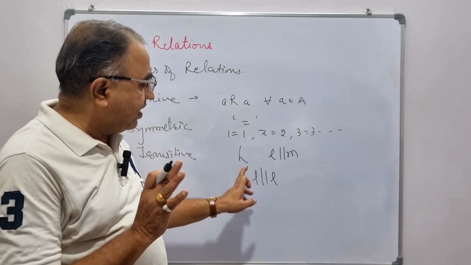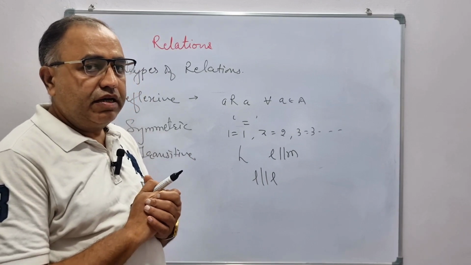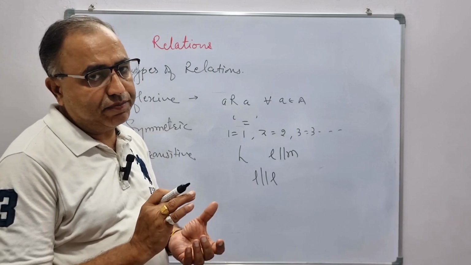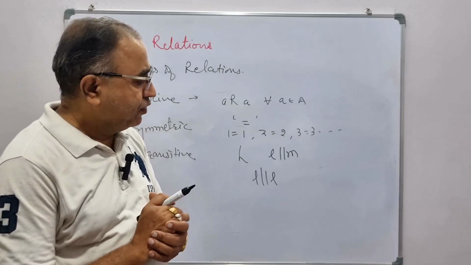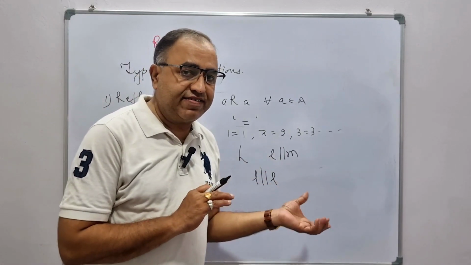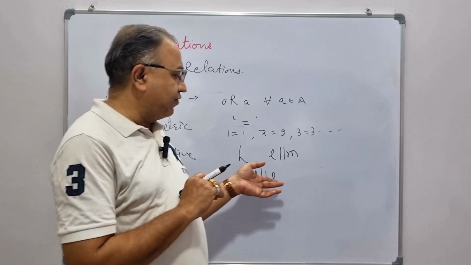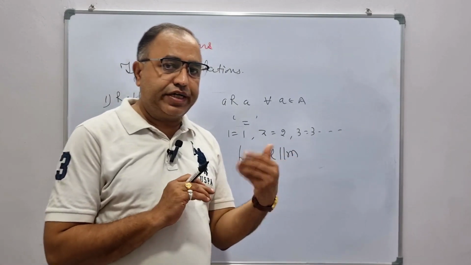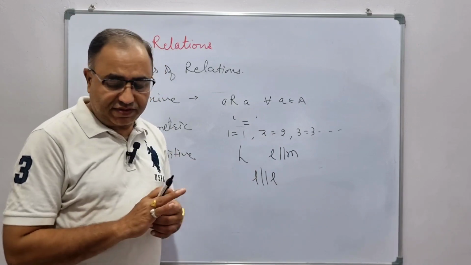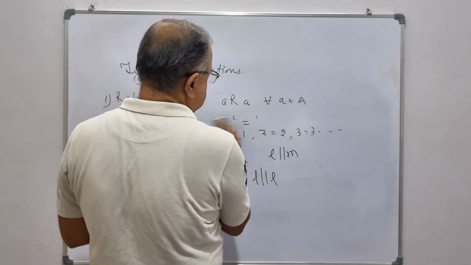So that means each line is parallel to itself. It's true. Similarly, in the family of triangles, every triangle is congruent to itself because it's a replica of the same triangle. So the relation is parallel to, in the family of lines, is a reflexive relation. Similarly, in the family of triangles, the relation is congruent to is also a reflexive relation. So this is how we find out a reflexive relation.